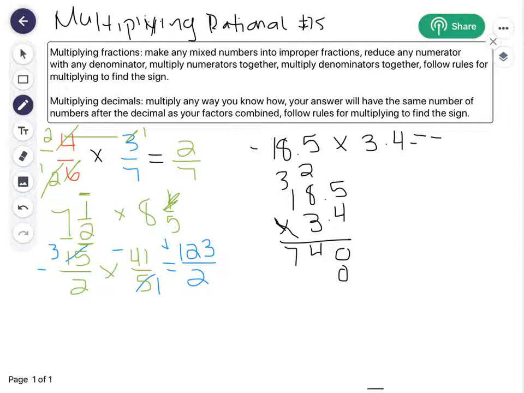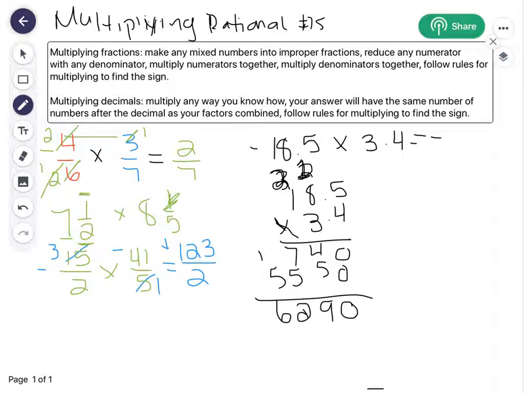Okay, then we put that 0 down there for the place filler. 3 times 5 is 15. This becomes a 1. 3 times 8 is 24 plus 1 is 25. This becomes a 2. 3 times 1 is 3, plus 2 is 5. 0. 4 and 5 is 9. 7 and 5 is 12. 5 and 1 is 6.